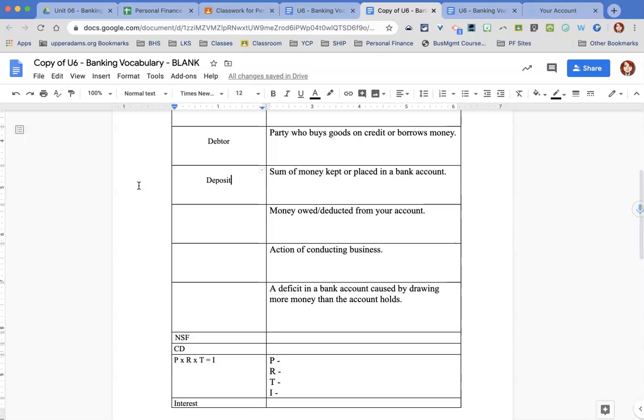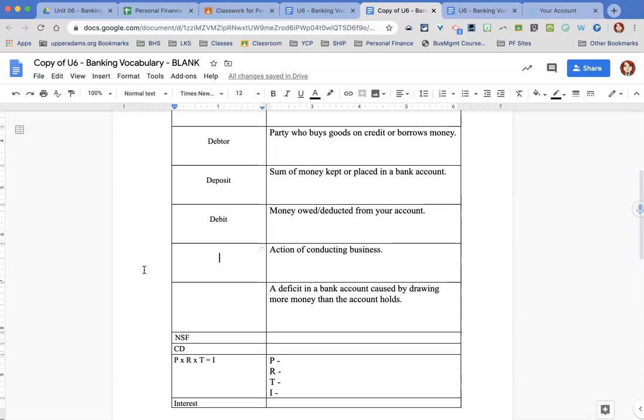All right, money owed or deducted from your account. So every time you write a check and the person cashes that check, or every time you go to an ATM and you pull out money, it is known as a debit. That's why they call it a debit card, because you're basically taking cash out of your account. Debit.